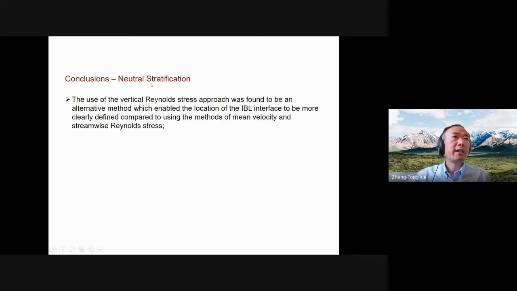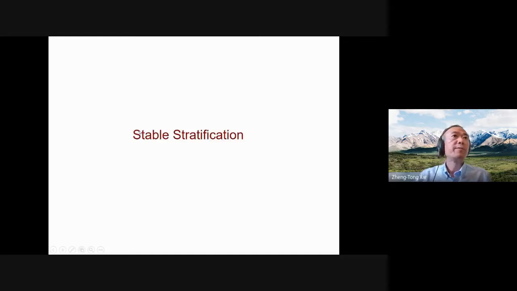So maybe I can give one point for the neutral stratification: the use of the vertical Reynolds stress approach was found to be a tentative method which enabled the location of the internal boundary layer interface to be more clearly defined compared to the method of mean velocity and the streamwise Reynolds stress. Okay, so this is my point.